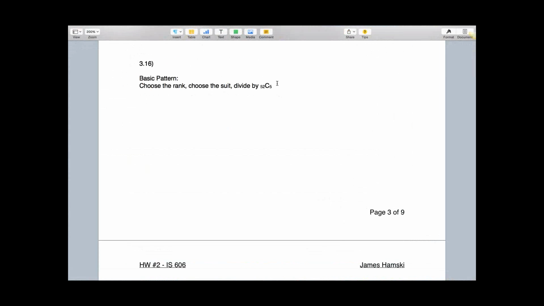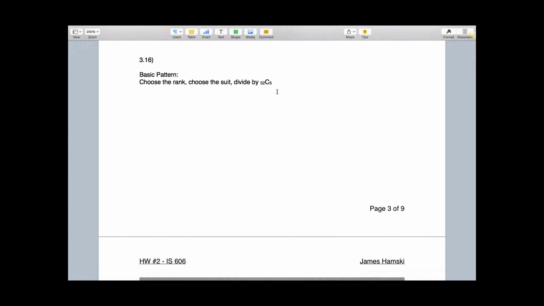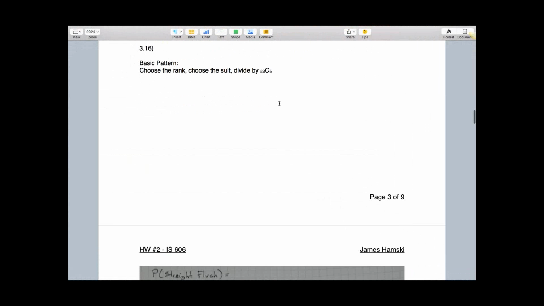So this is the problem that wants you to find the probability of different poker hands. I volunteered just to do this because I like playing poker and have managed to win a few games without knowing how to do this.